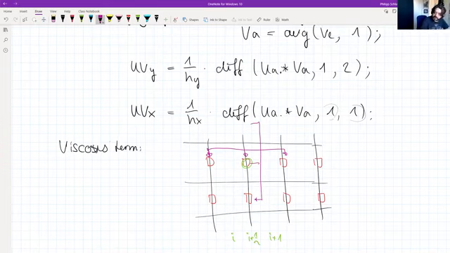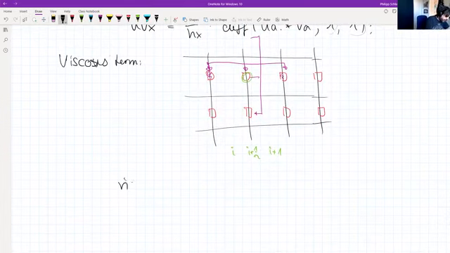What you can realize here is for the diffusion operators, the viscous terms, there is no averaging necessary because the points directly exist in the correct places. So just to give you an example, if I want to calculate the viscous term in the u velocity, that would in MATLAB language be diff, again this diff operator from MATLAB.